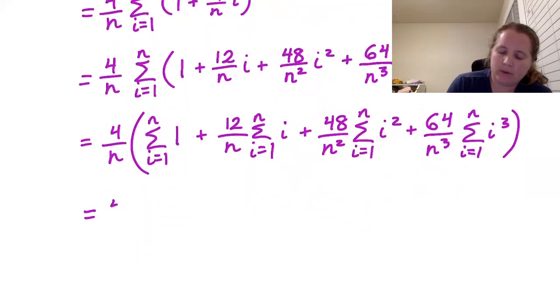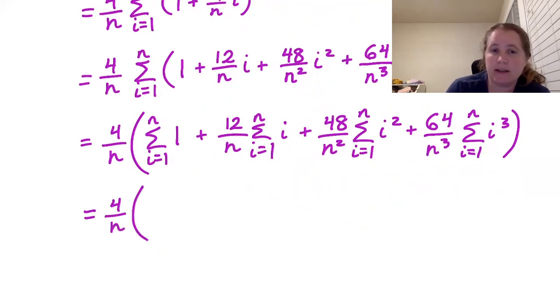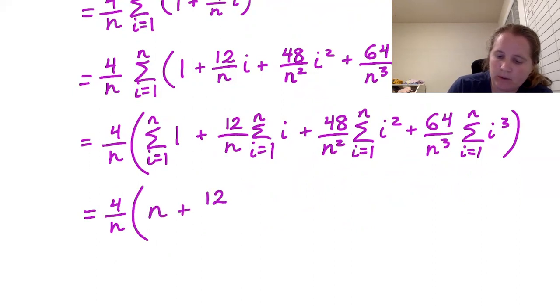So we have 4 over n times, this first one is just n times 1, or n. Then we have plus 12 over n times n plus 1 all over 2.